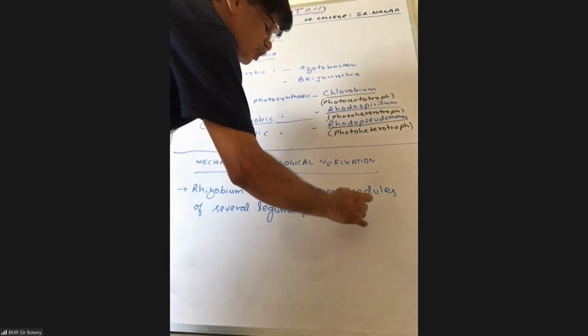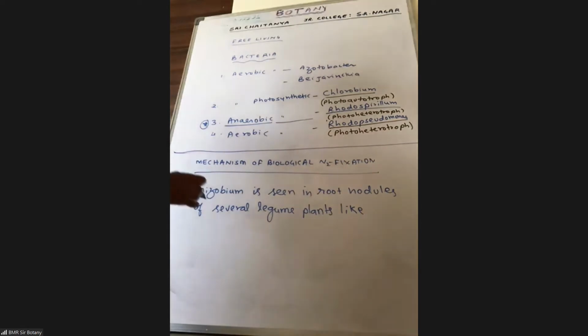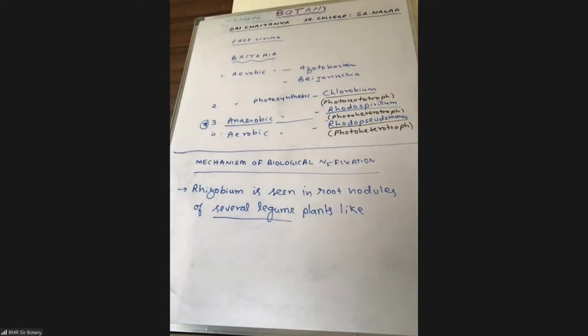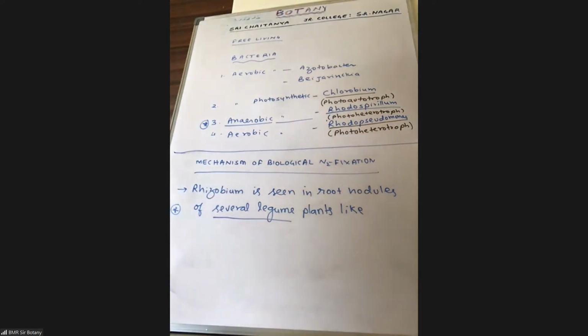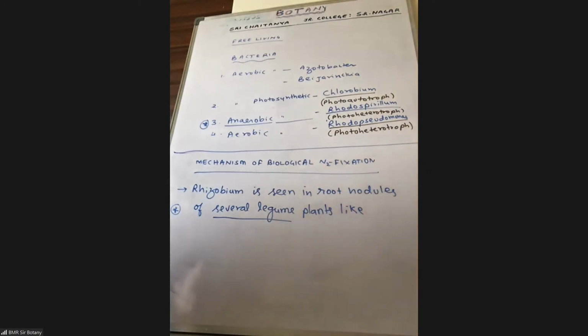You can't take it as all legume plants. That is again a danger. Be careful about this. Make a note. Several legume plants, like... the list is also given in Akash. That list given in Akash is incomplete, but the total list in NCERT we need to follow. So that's why I was telling you yesterday.